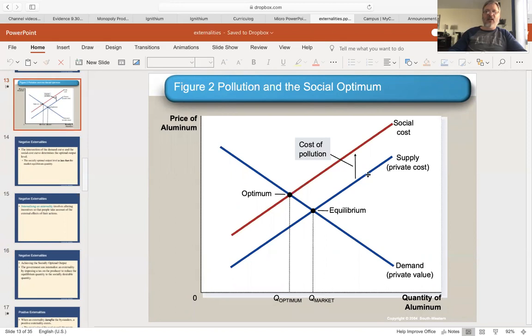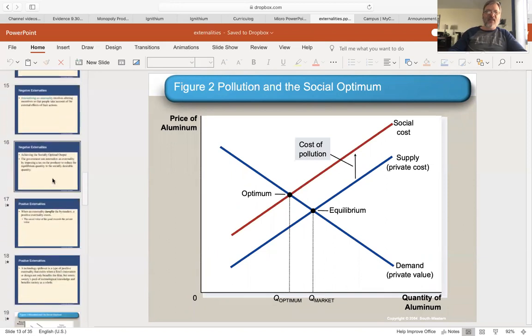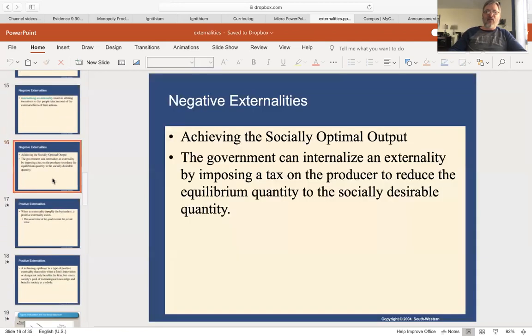Remember, when there's a tax on the supplier, we shift the supply curve up by the amount of the tax. So what that's telling us is that we could correct this by putting a tax on the producer, and that's going to reduce the quantity of the good that's traded.